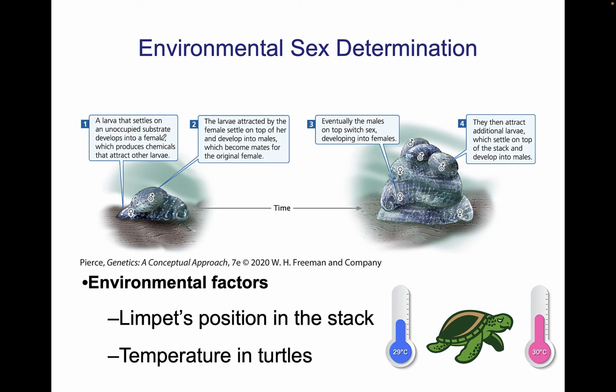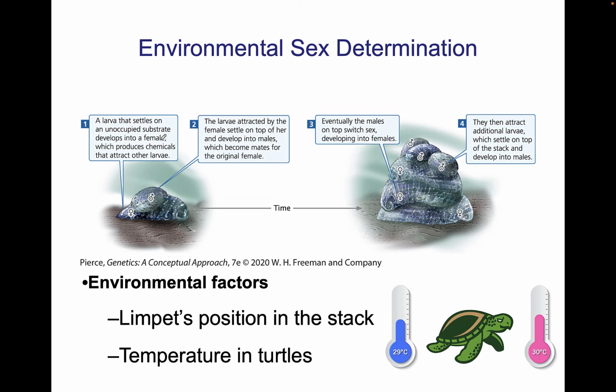Outside of sex chromosomes and specific sex genes, you also have environmental factors that play a role in sex determination. A great example of that is slipper limpets, which literally stack on each other. When they are larvae, they try to find an unoccupied area that they can begin to settle on.